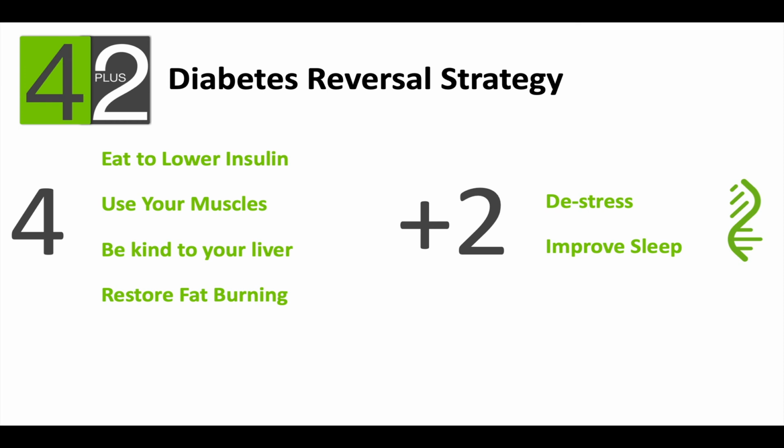Use your muscles in such a way that it creates a buffer for the energy that you're consuming. Taking steps to be sure that you're not adding fat to the liver. And finally, helping you restore your ability to burn fat and subsequently get rid of enough fat in order to reverse the process. The plus two in the program represents the unique role that cortisol plays, either through stress or lack of sleep. And so we need to take that into account.